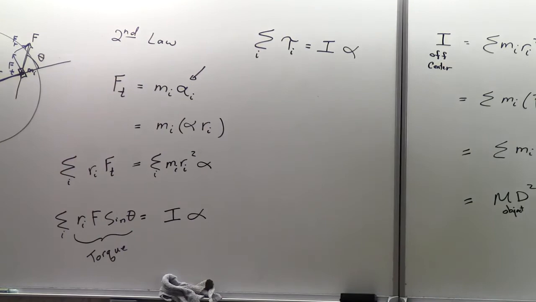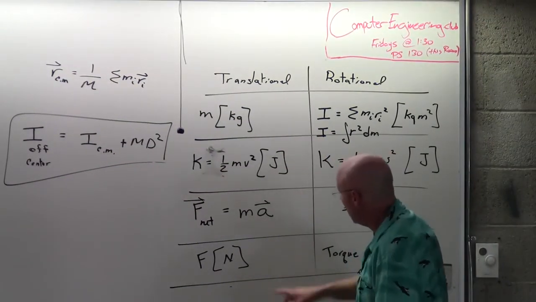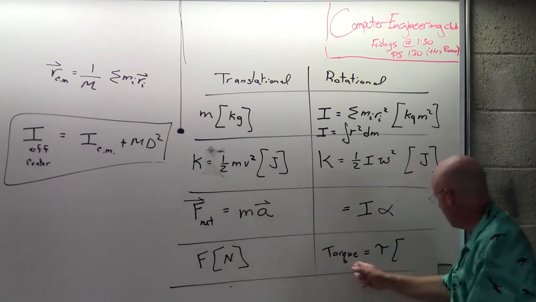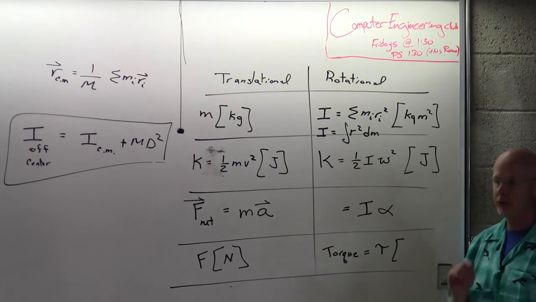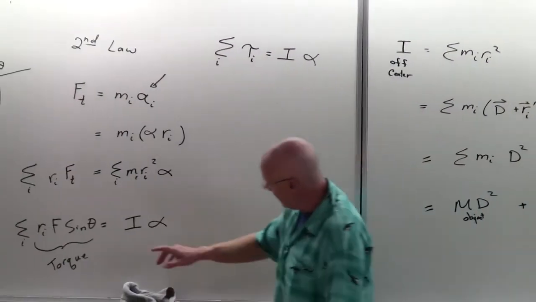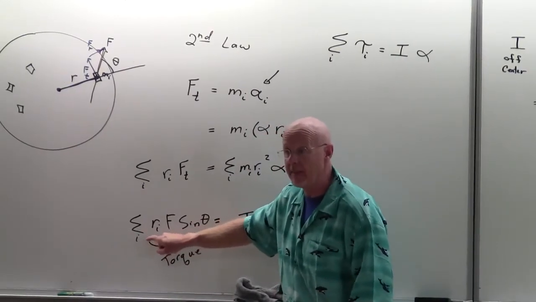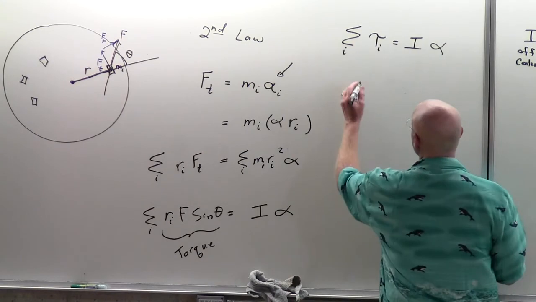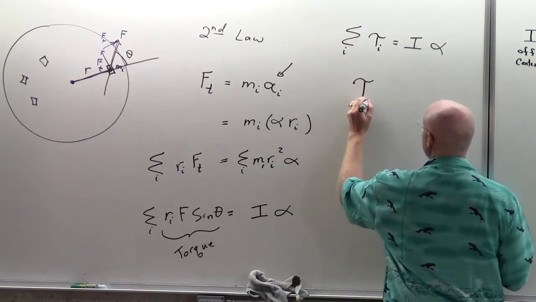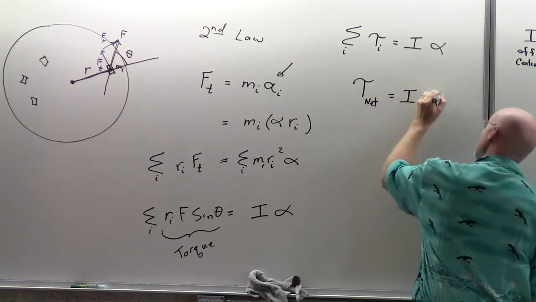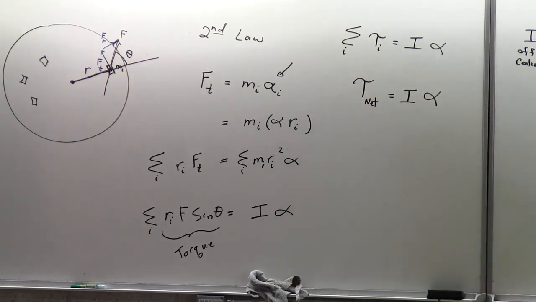So we're back to our Greek symbols. Anytime we do a rotation, with the exception of this I, we like to use the Greek lettering. And so we have this thing called torque. And of course, this then is representing the summation of all the torques. And so this would then be the net torque equals I alpha.